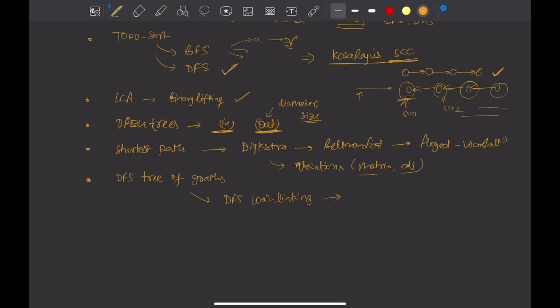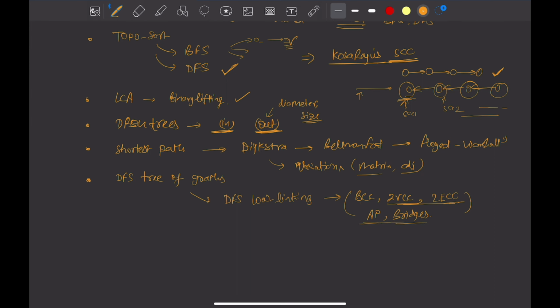So that found the bi-connected components, or two vertex connected component, two edge connected components, or the articulation point and bridges. So these kind of, I think I need to revise these things.